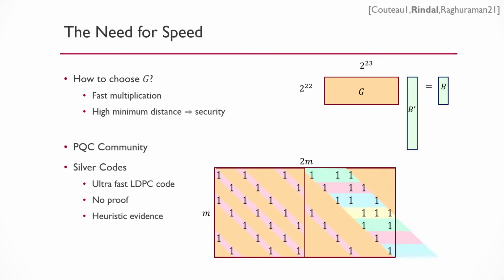It served us decently well at the beginning. But I really like optimizing things, maybe too much. And we came up with this new code, which is no longer polynomials, but just a normal combinatoric code. It was extremely fast. Unfortunately, we didn't have a proof of security, no proof of minimum distance, but we had some evidence.